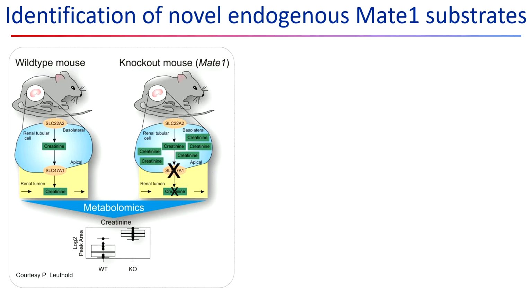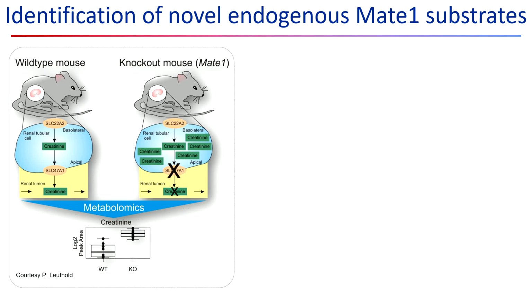Okay. So first, coming to the MATE1, what would we expect, or what did we see? So on the left side, you see a wild-type mouse. There we have the SLC22A2, the OCT2, and the MATE1, and an endogenous compound is the creatinine. And then you see that it's taken up into the kidney and then excreted into the urine.